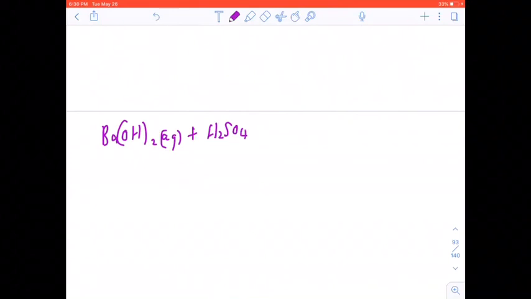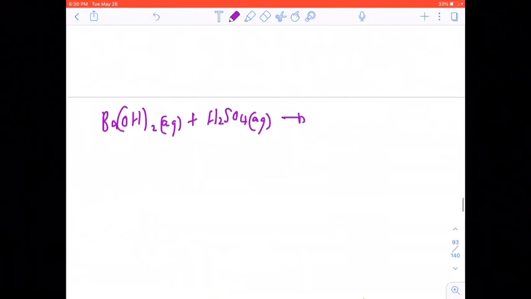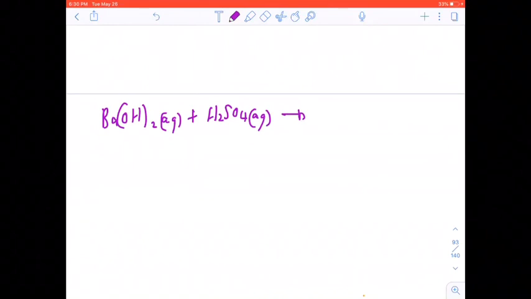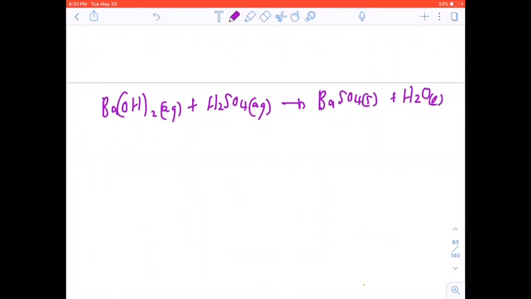Okay, that's an acid, aqueous, and we say okay, that gives us BaSO4, which is a solid, plus H2O. Alright, that's a molecular one, and we know that that's a precipitate that will form.